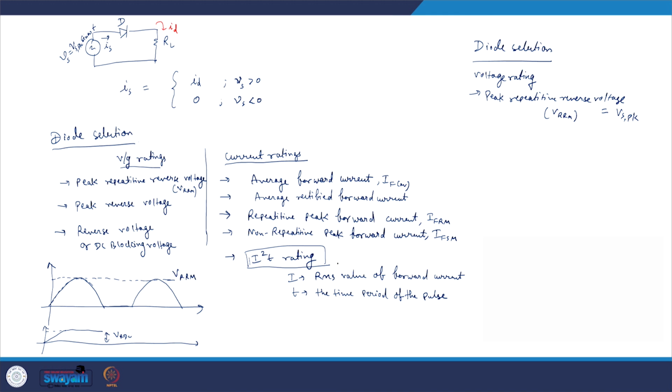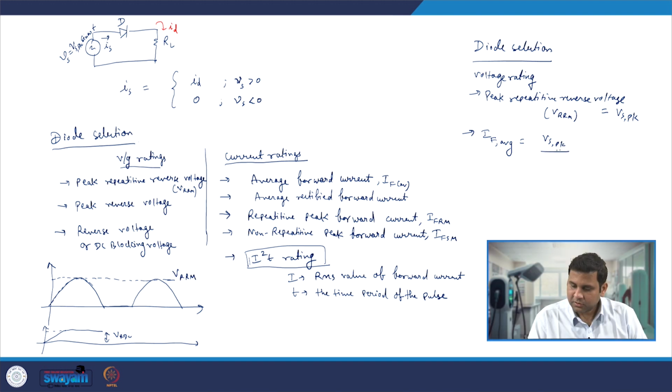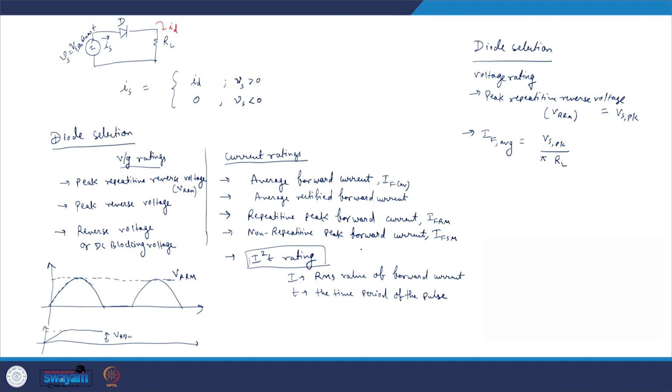And if we look at the average forward current, it is nothing but the average voltage across the load which we have derived, Vs peak by pi, divided by the resistance of the load, which is the resistive load RL.